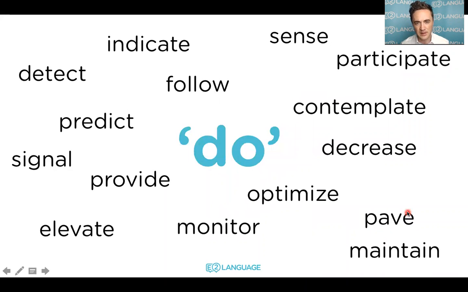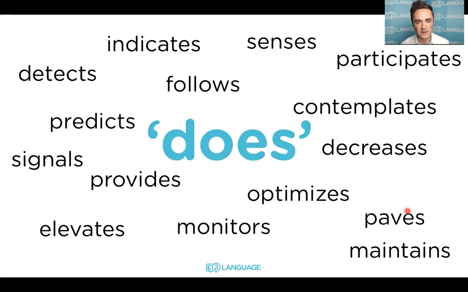And here are the complex verbs, the same. They're exactly the same, but they're just less common. So follow, contemplate, decrease, provide, etc. becomes follows, predicts, contemplates, decreases, optimizes, monitors, with an S.